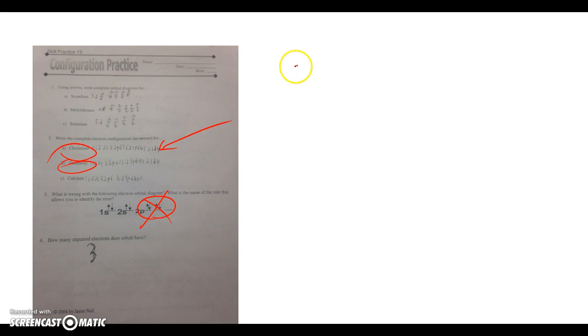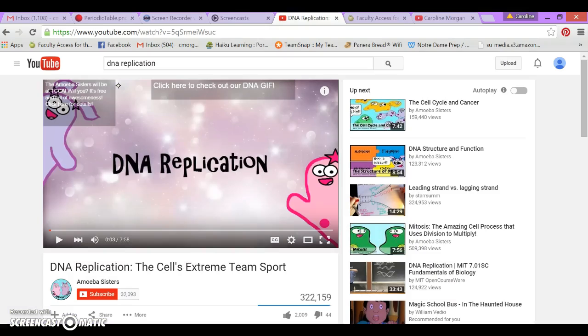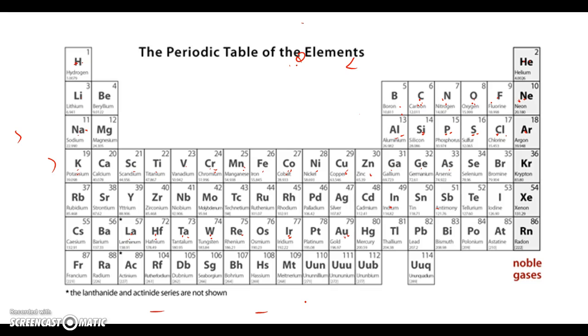scandium. Let's go on the periodic table and find it. Scandium. It's in the D's, isn't it? There it is. Okay, let's talk about how its electrons would be.